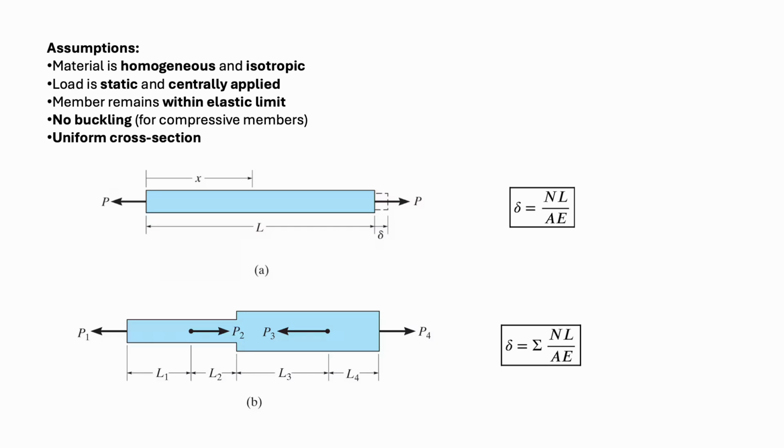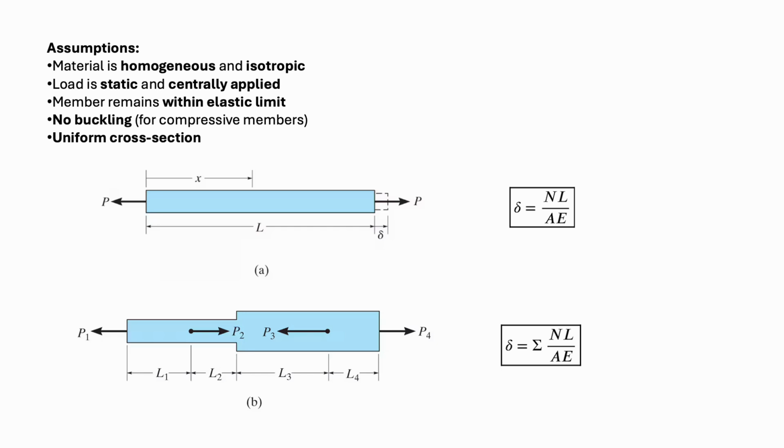If we have the second case, which is given in your figure B, we have two different cross-sectional areas, and we have different forces P1, P2, P3, P4. What we have to do is cut and find the internal forces. For instance, firstly we need to find the internal force in the middle of length L1.